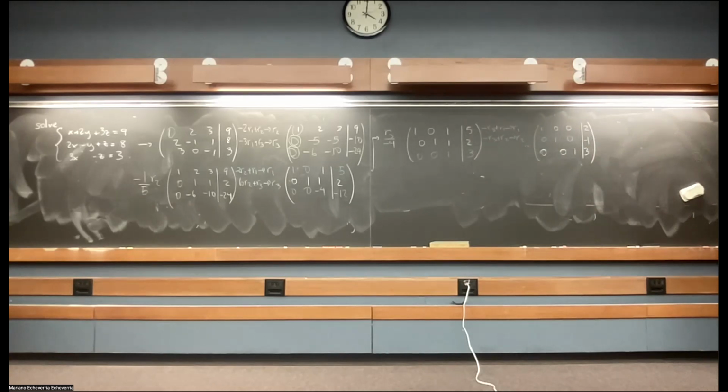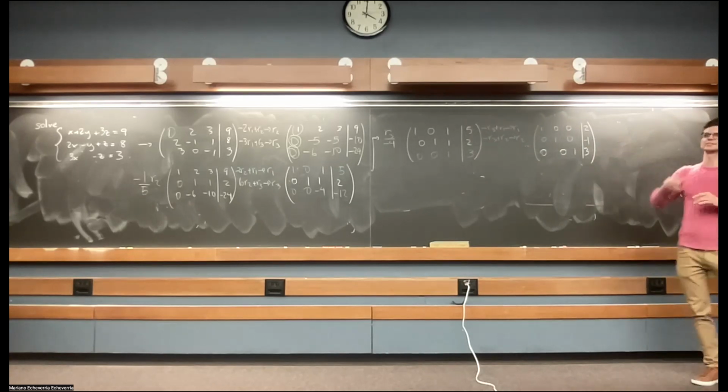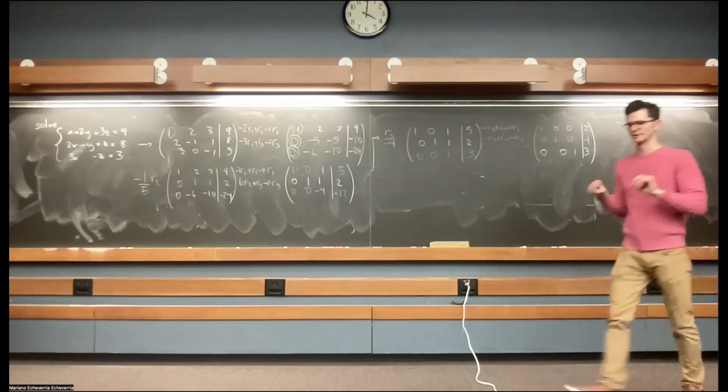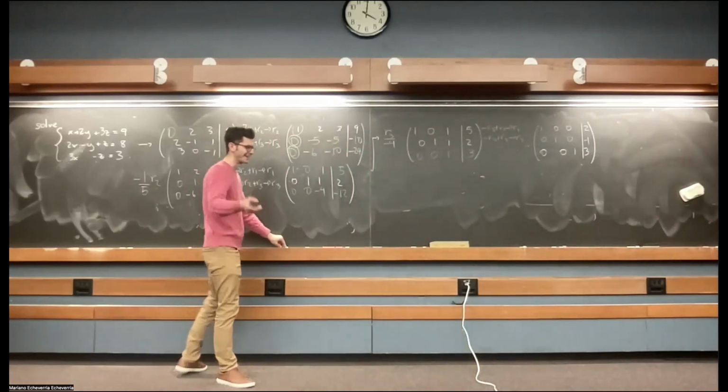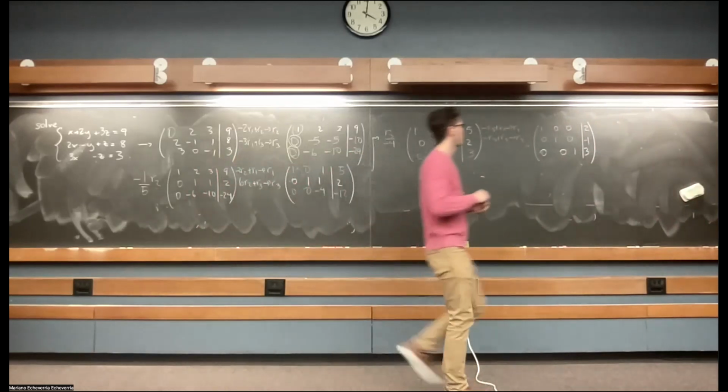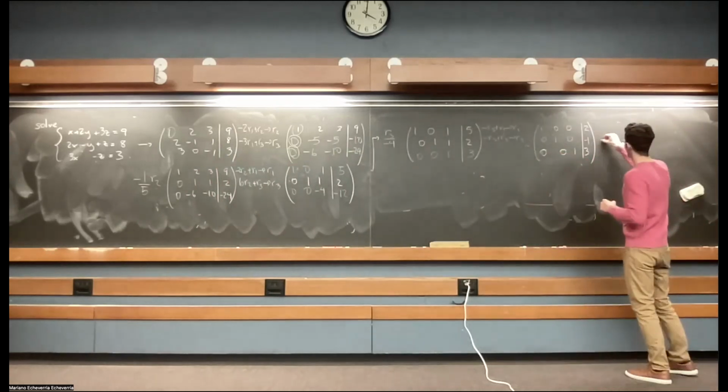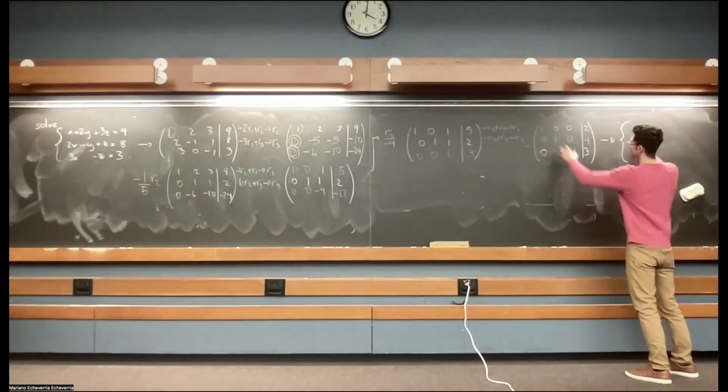And now this one is even better than last time because this is literally the identity matrix, right? It's identical to it. So the system, if we rewrite it, is just saying that x equals 2, y equals -1, and z equals 3.